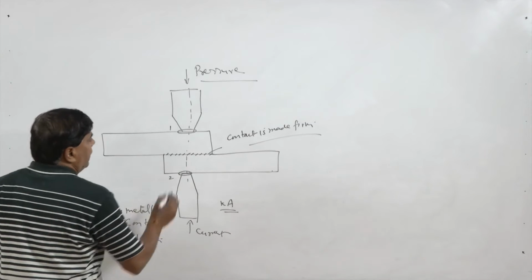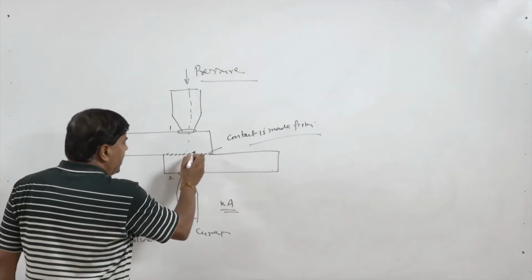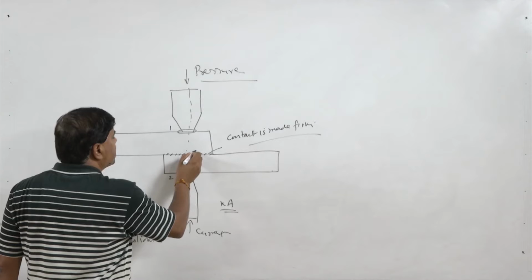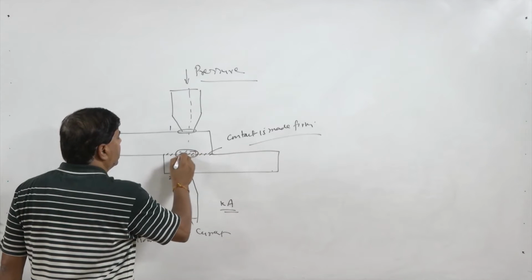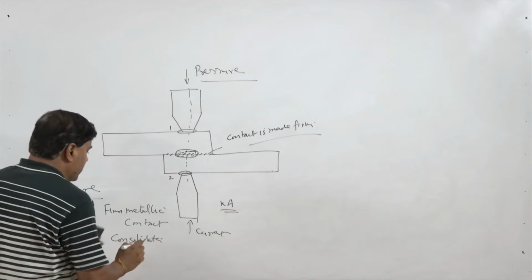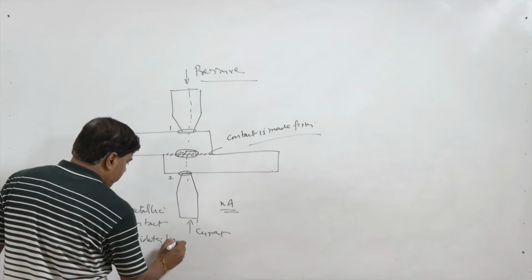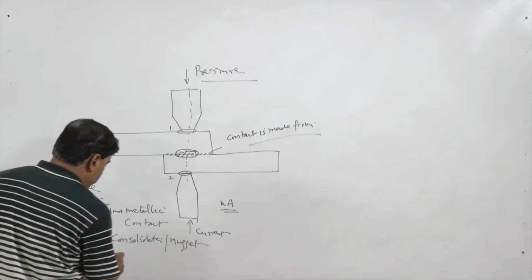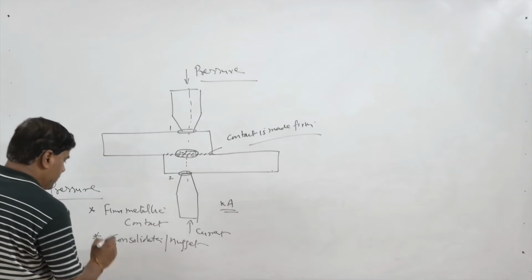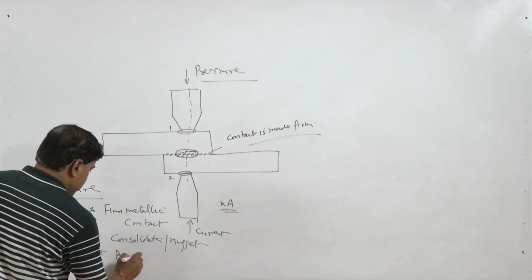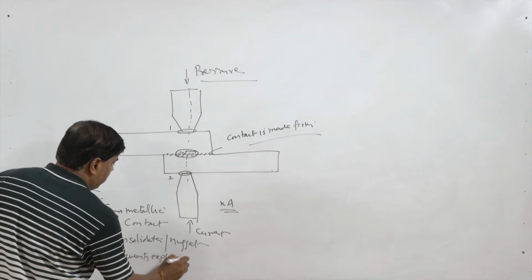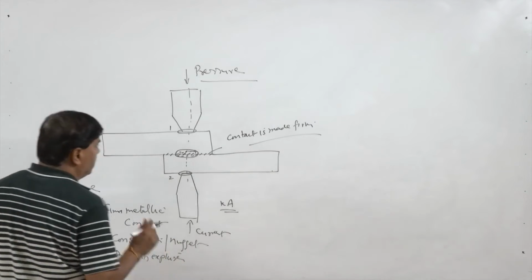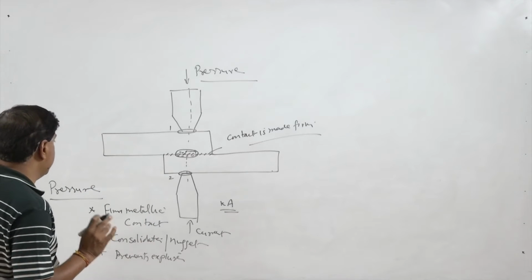In case of heating, whatever nugget is formed at the interface, it will solidify under the pressure. So, consolidation and nugget formation after the cooling. At the same time, it also prevents any expulsion of the metal being produced due to the electrical resistance heating.